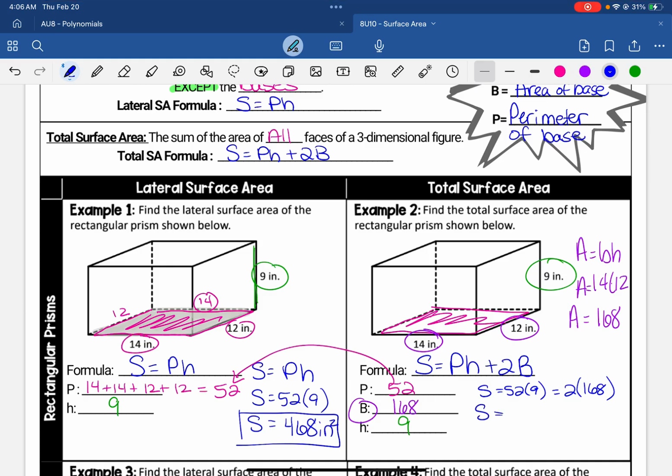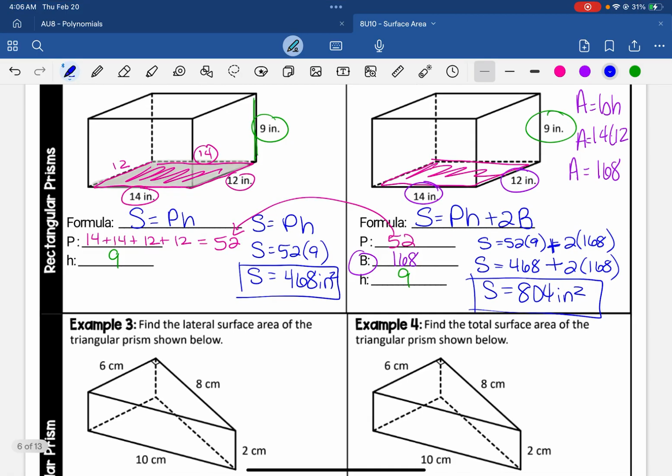Well, I already know the perimeter times the height from my previous problem, 468, that's a plus 2 times the 168. I should get a surface area of 804 inches squared.